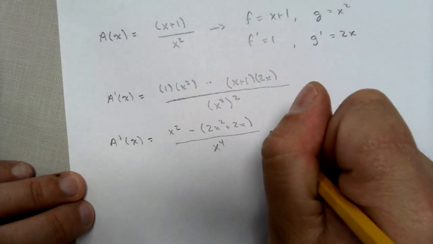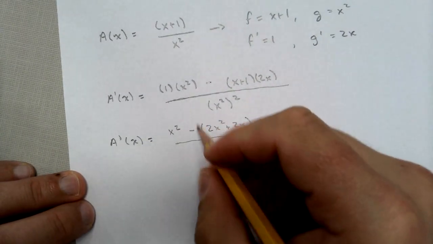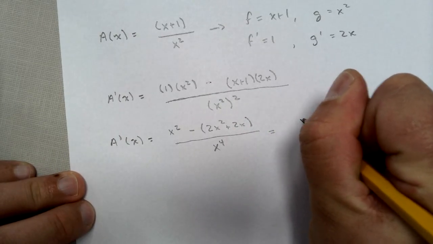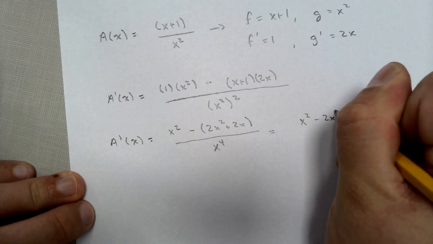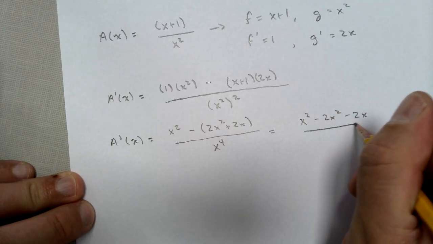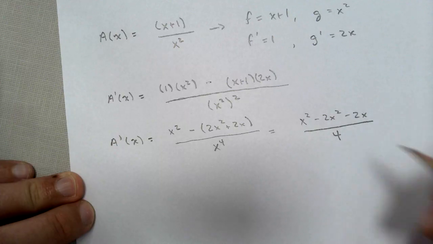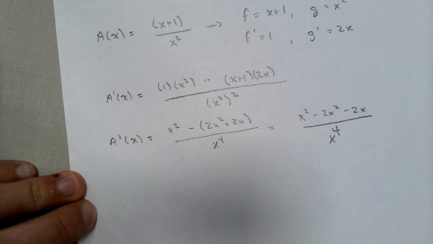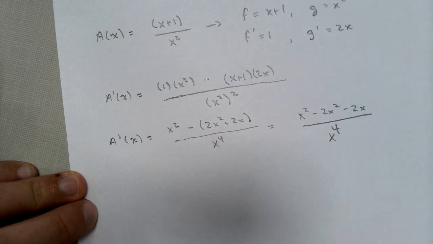All right, let's continue to simplify. So when we distribute this negative through, we will get x squared minus 2x squared minus 2x over x to the 4th power. My bad, I don't know why I just wrote 4 there, but it's x to the 4th power.